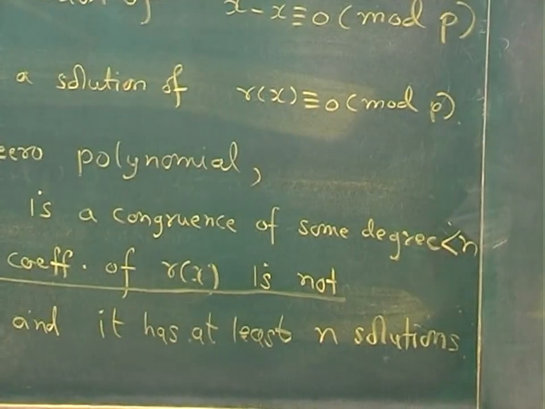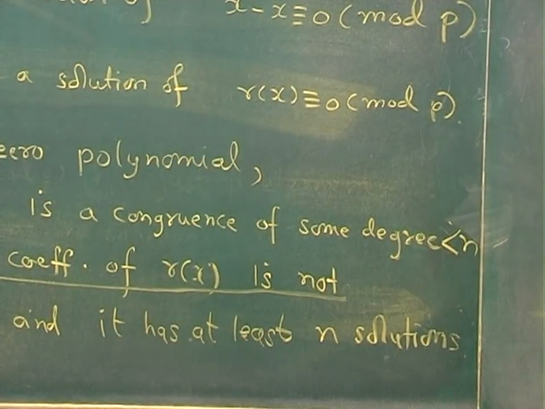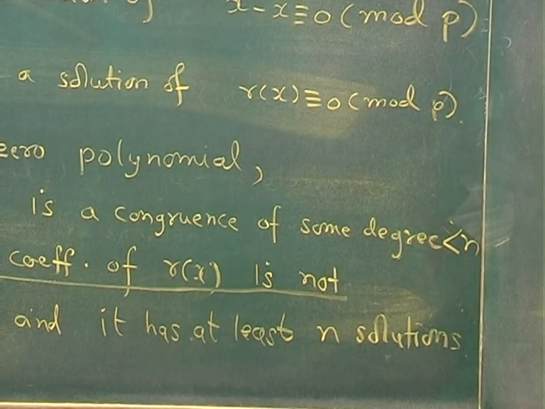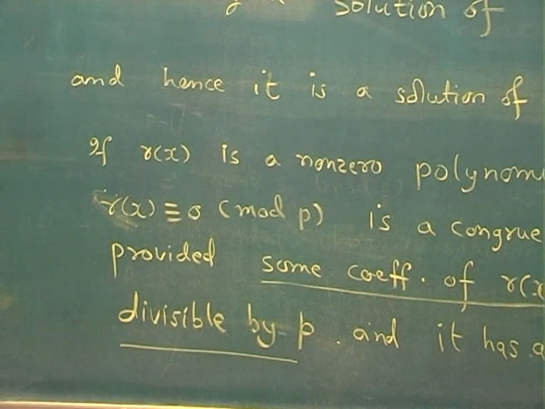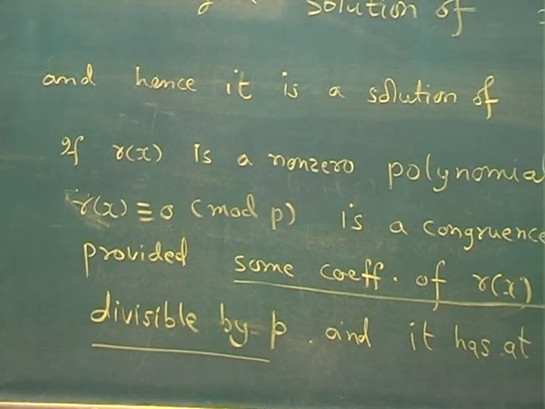So r(x) congruent to 0 mod P is a congruence for which the number of solutions is more than the degree of the congruence.